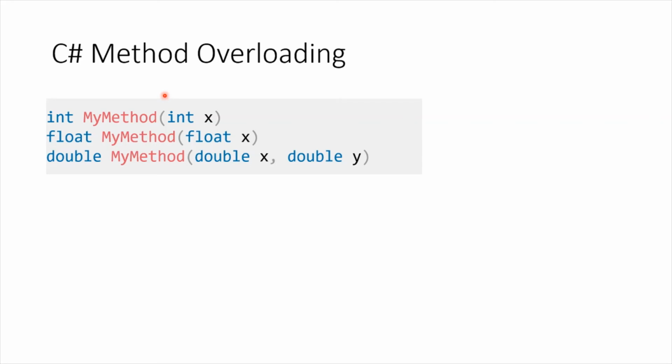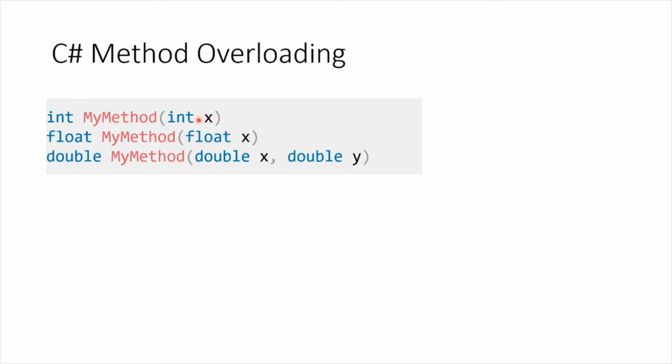If you put the same method two times, you will have a problem. You cannot have two methods with the same name, because the compiler will not understand which one to call. But now you are differentiating the method, with the same name, but with different parameters.